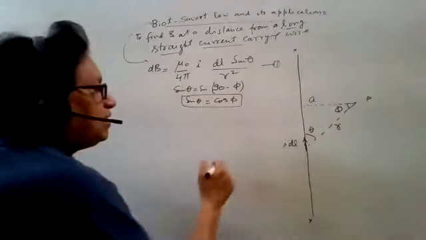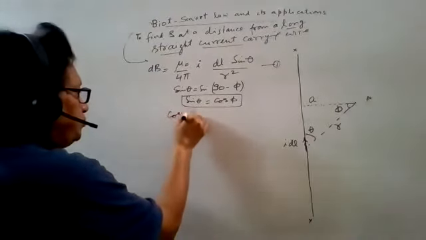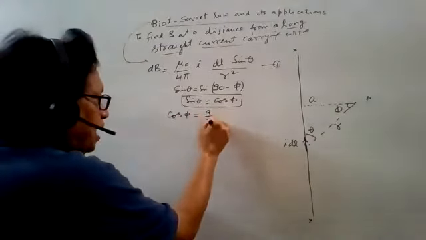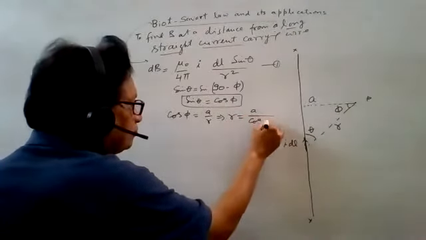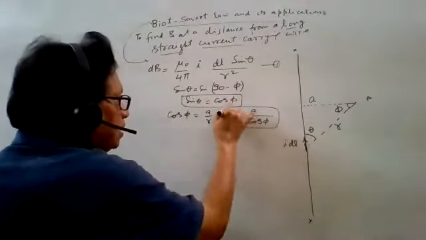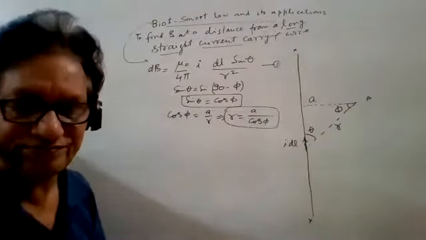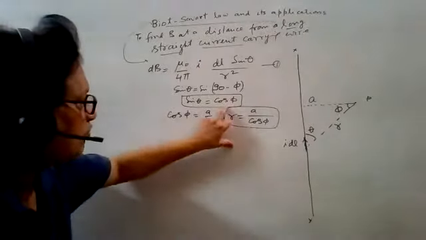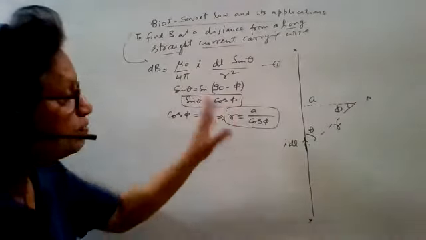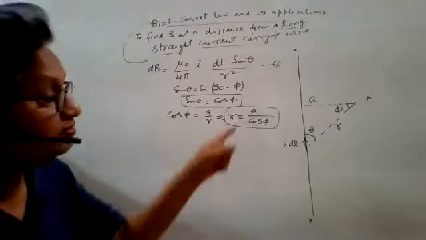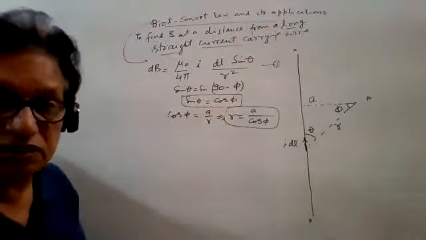So R can be written as A upon cos phi. So this is the second replacement, of R in terms of phi. A is a fixed quantity. This is the perpendicular distance of point P from the straight wire. So this is constant.